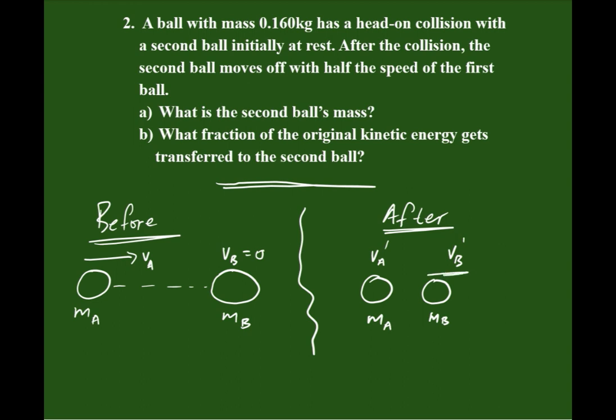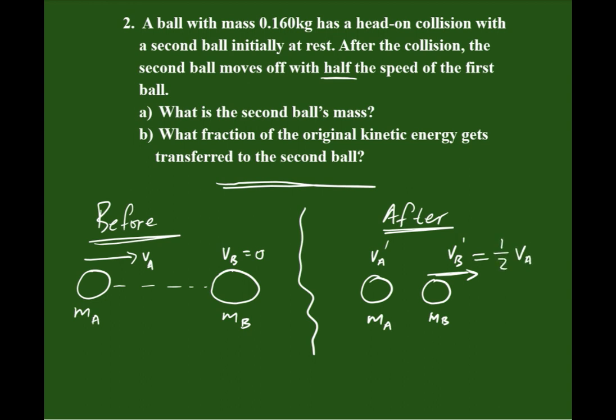And let's just put an arrow to show it's going that way. Now they tell us here, and this is very crucial, the second ball moves off with half the speed of the first ball. So VB prime is equal to half VA.